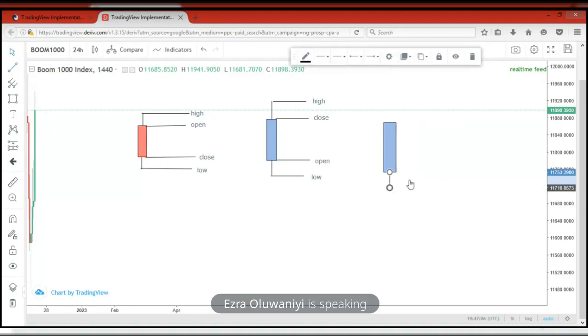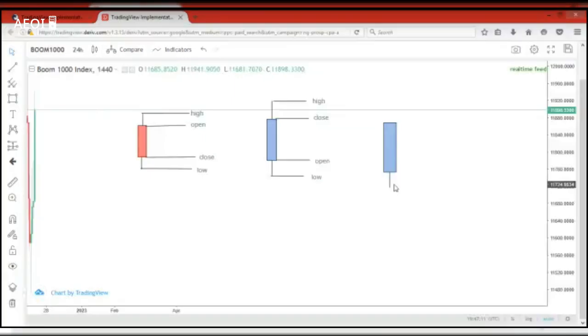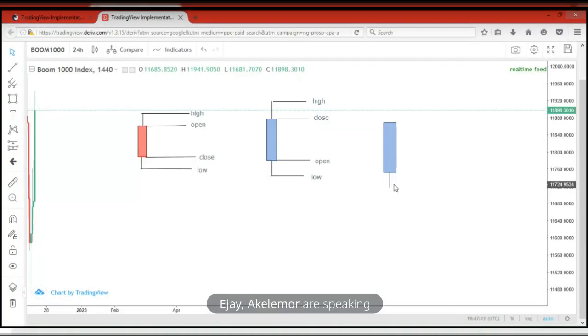So let's say this is a candle. How many of you have seen this kind of candle before? You should have seen this kind of candle before. This one has an open, a close, and it has a low. It doesn't have any extra high. So the close is also the high because it's the highest point.